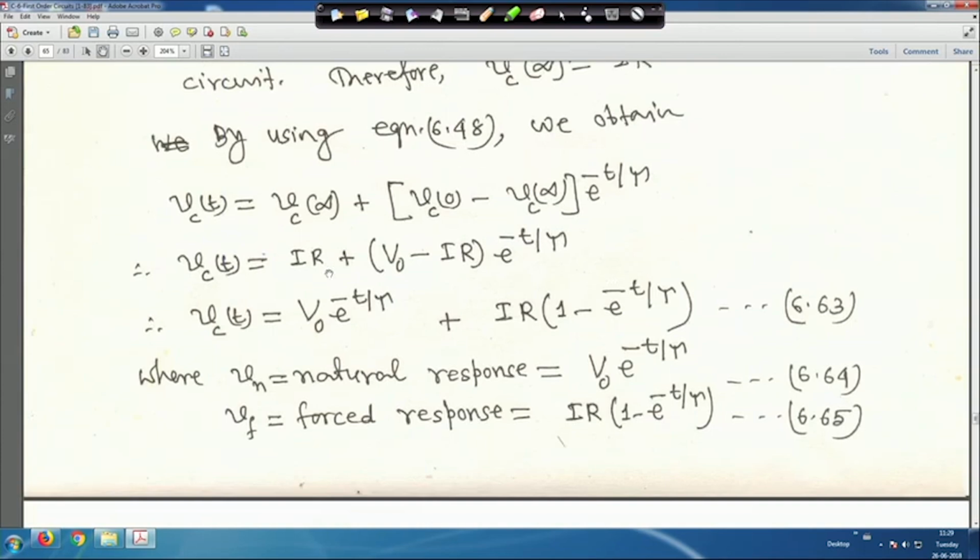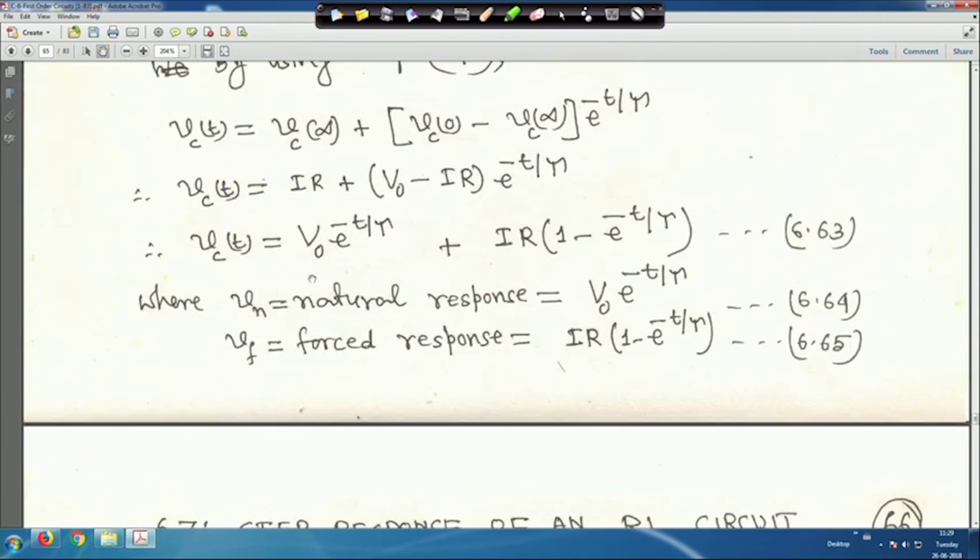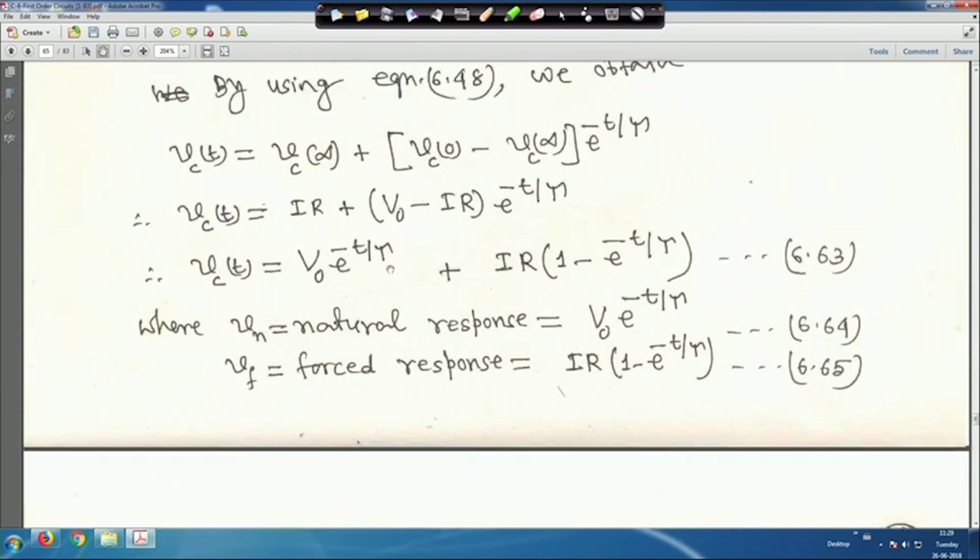Therefore, V c t is equal to I R plus V 0 minus I R, times e to the power minus t by tau, because the initial value of the capacitor we assume is charged at V 0, and V c infinity is I R. Or we can write V 0 e to the power minus t by tau, plus I R minus I R e to the power minus t by tau.